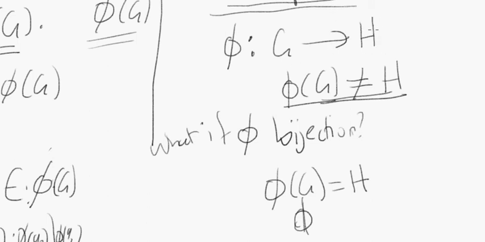And the other thing is, to be a bijection, you have to be one-to-one, otherwise known as injective. If phi from G to H is a bijection, then phi of G equals H, and phi is injective as well. That is, phi is both injective and surjective. Hence, it is bijective.